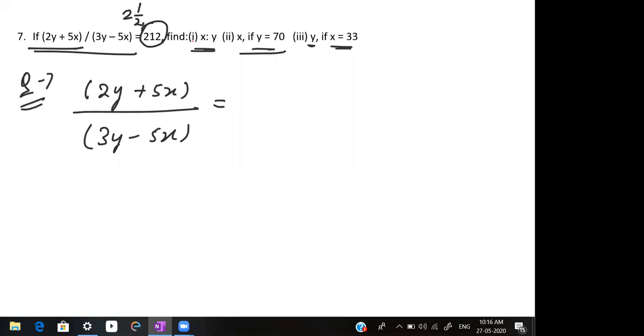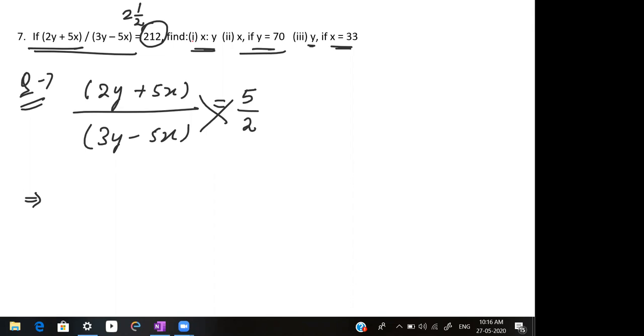So now this is 2 whole 1 upon 2. Simply we can write it, 2 2s are 4 plus 1, 5 upon 2. Okay. So I have changed it into the improper fraction 5 upon 2. Now do cross multiply and do the same thing which we have done in the previous question.